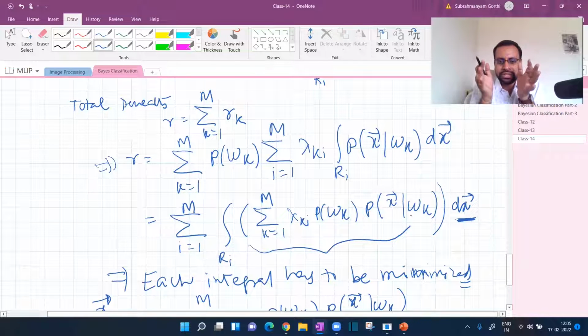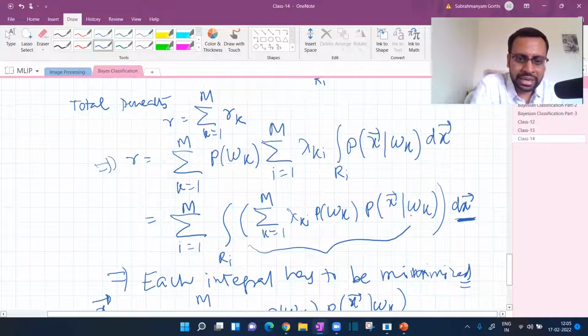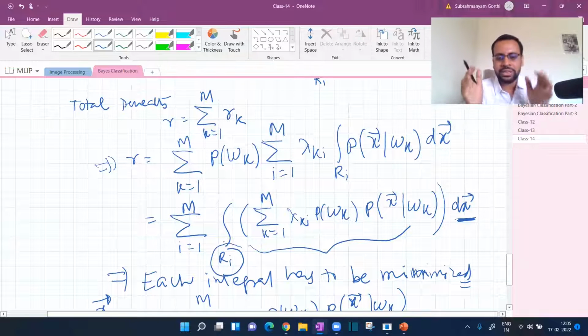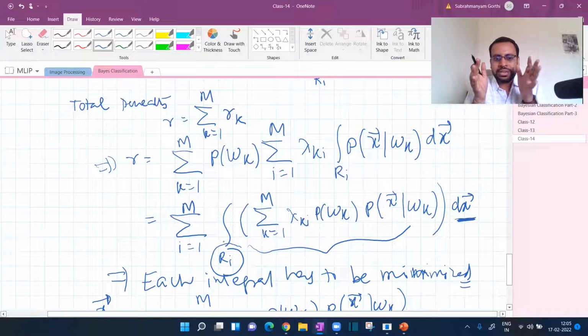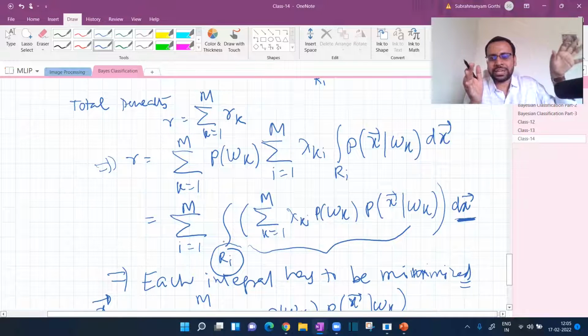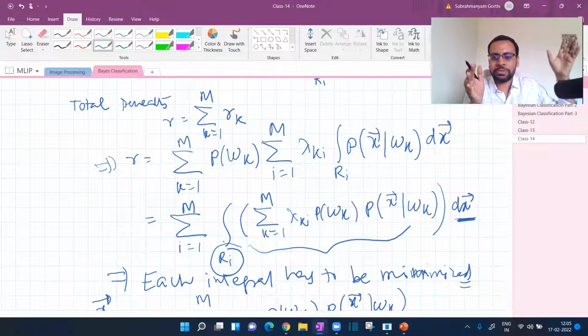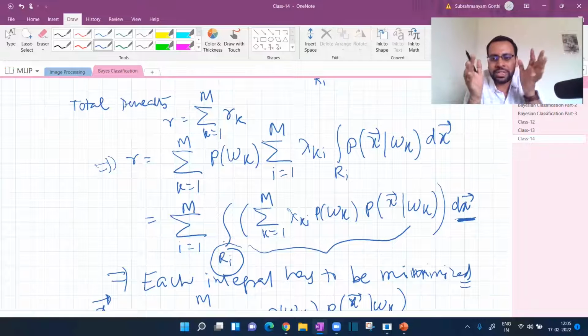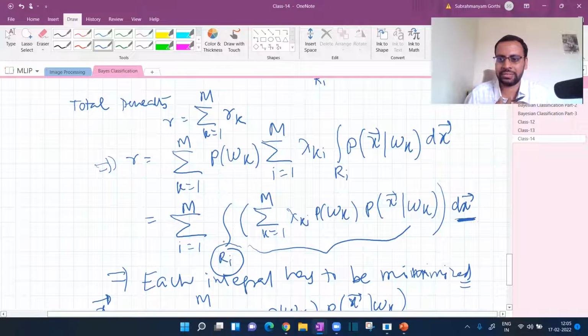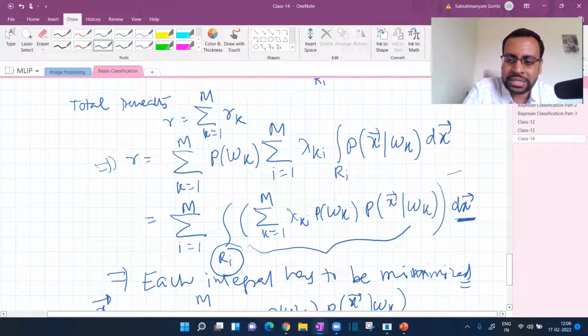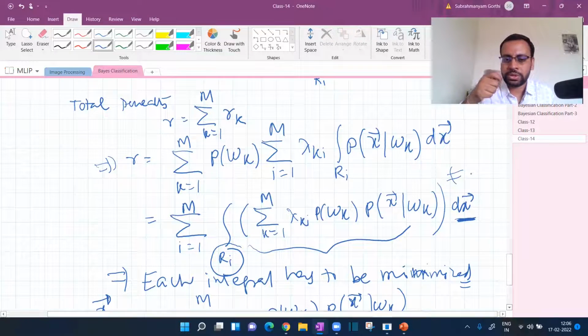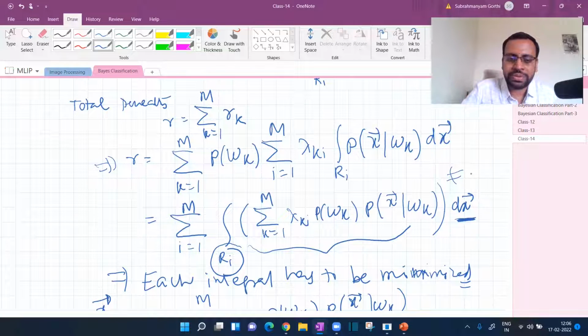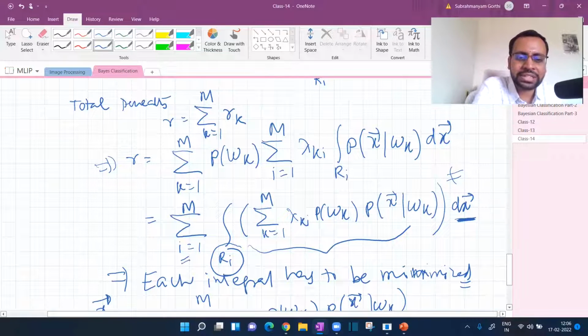In this particular region R_i, instead of assigning this, what is the class error coming from 2 to 1, 3 to 1, everything region-wise I have written. Now, it is this function. Since this is again a summation here, for each value of i, this has to be minimum.